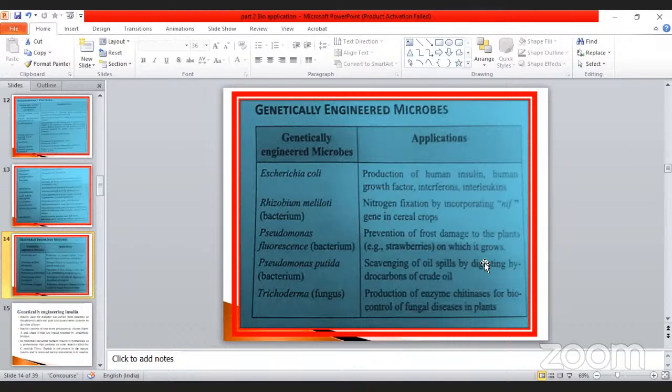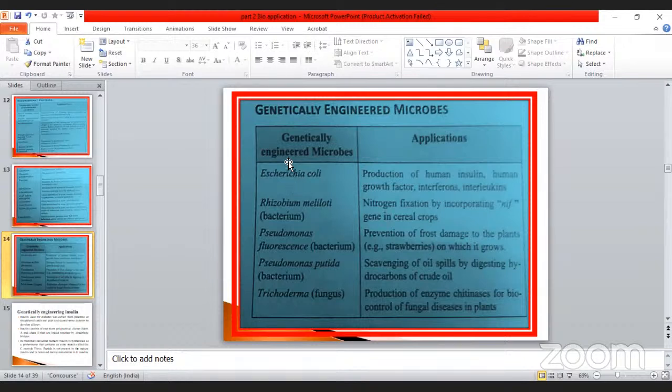The production of human insulin, human growth factor, interferons and interleukin. Already I told you: interferon, interleukin, human growth factor, and the last one is insulin. These are the four important components genetically produced in the lab with the help of the vector called Escherichia coli, otherwise called E. coli.